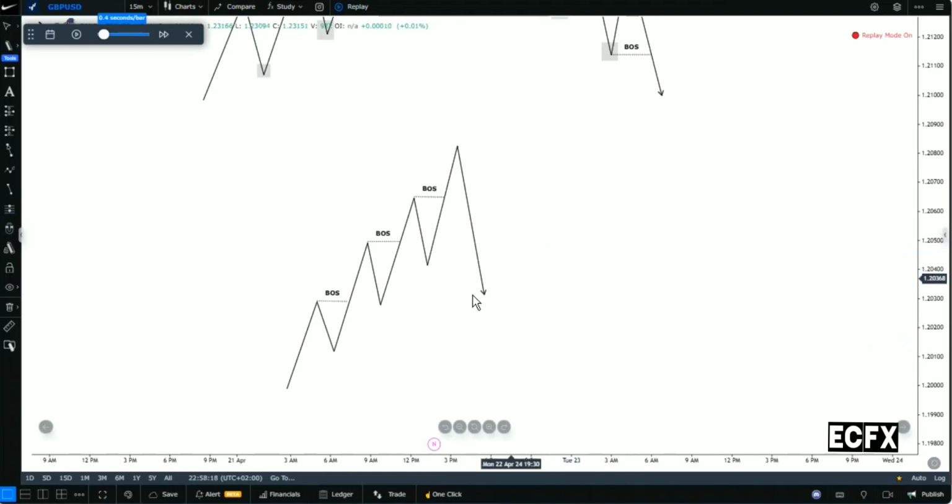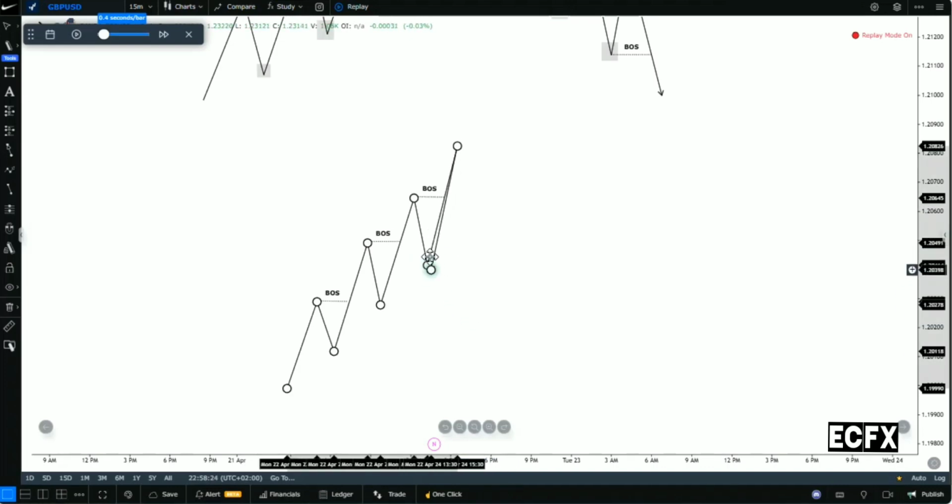Alright, so now that I have marked out all the breaks of structure to the upside, let's talk about the previous low and the previous high that got put in place, right? So as you can see, this was the last structure to get broken before price now shifts into a new direction, right?